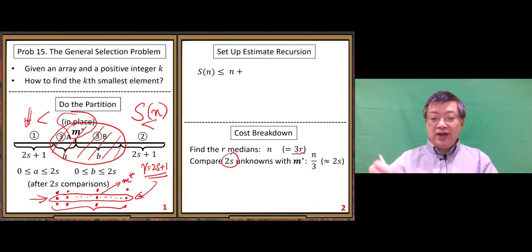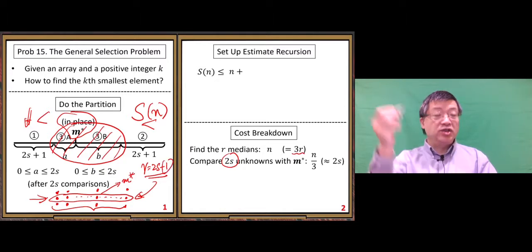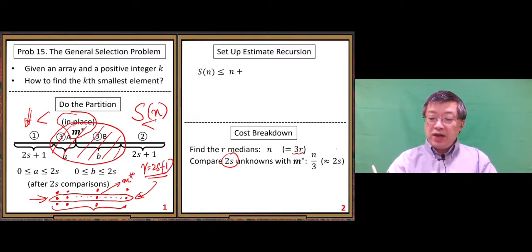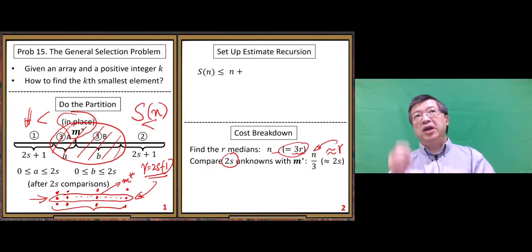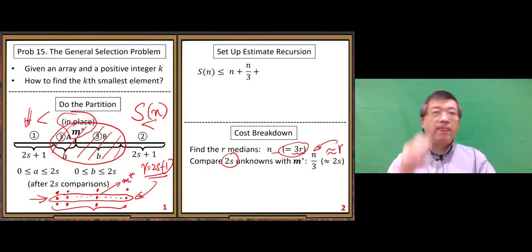So 2s is approximately equal to r, the difference is just 1, which is approximately equal to n over 3. So this is our second term estimate, n over 3.